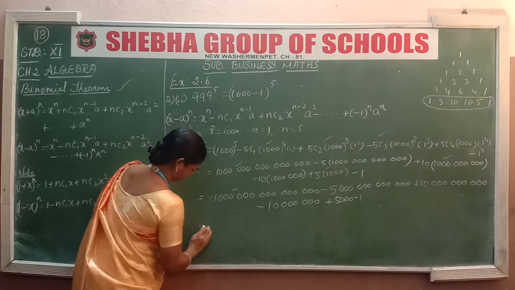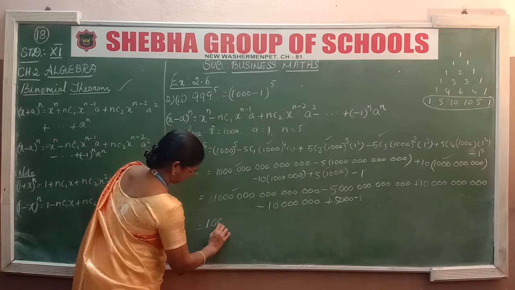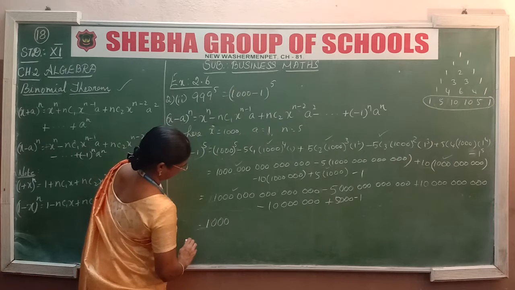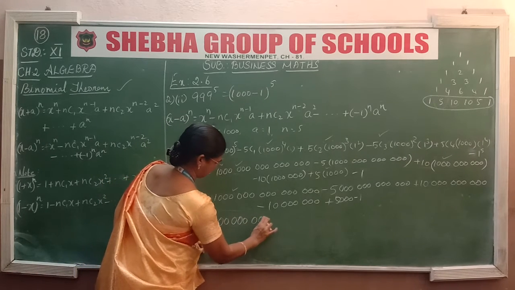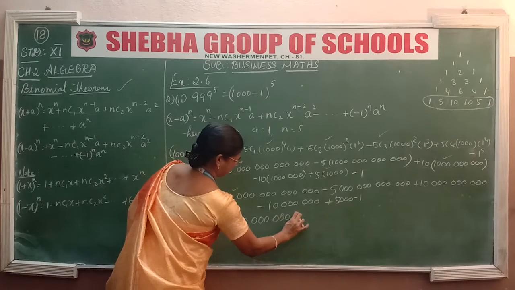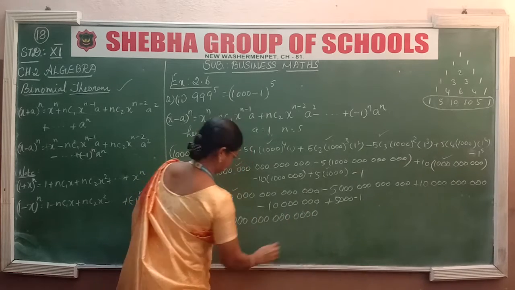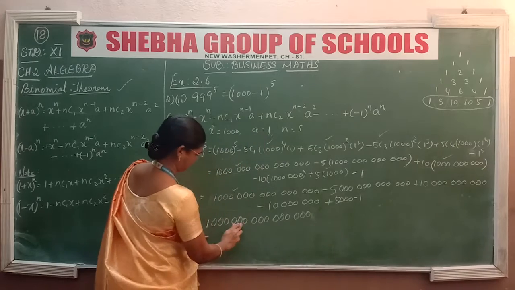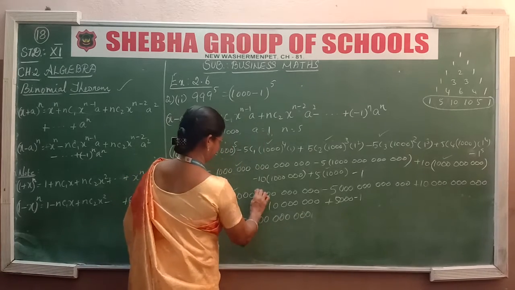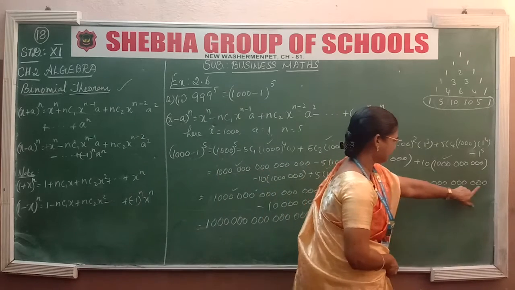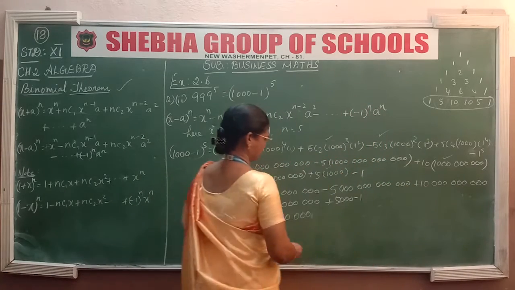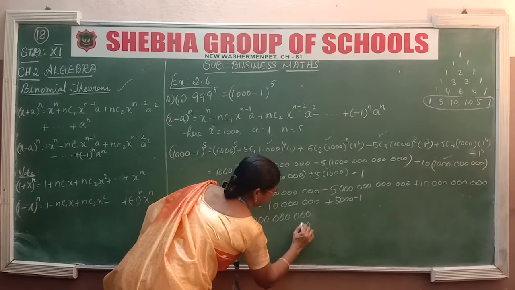Now collect all the positive terms. Here one positive, that is 1 with 15 zeros first, right? 1, 2, 3, 4, 5. First positive. Next positive is this one, that is 10 zeros.